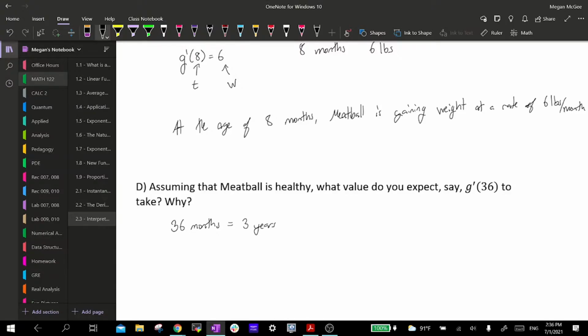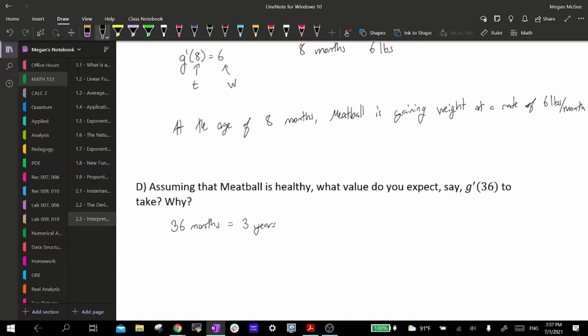He is now a full-grown dog. Okay? So, do we expect his weight to be changing much at all? Do we expect him to be gaining weight or losing a significant amount of weight if he is healthy, as the question specifies?